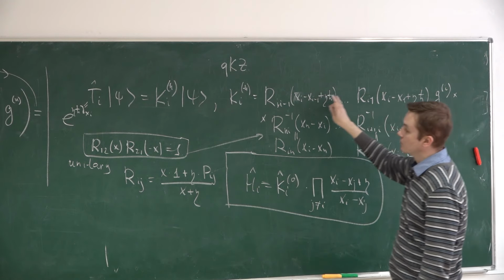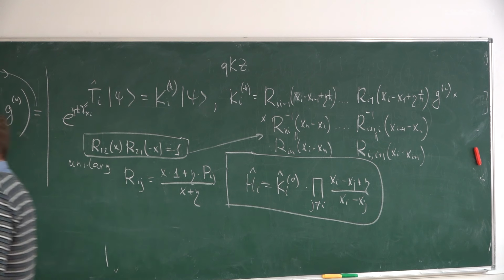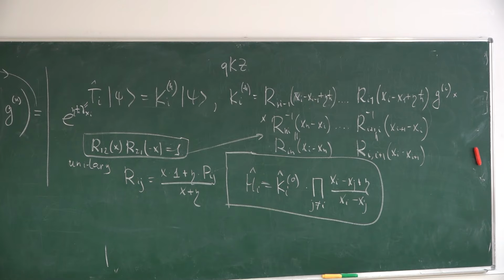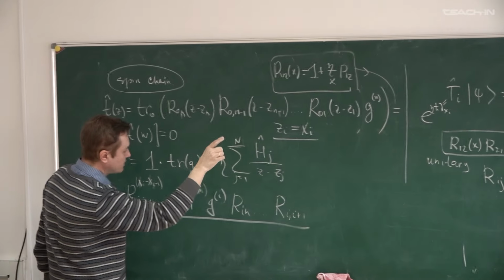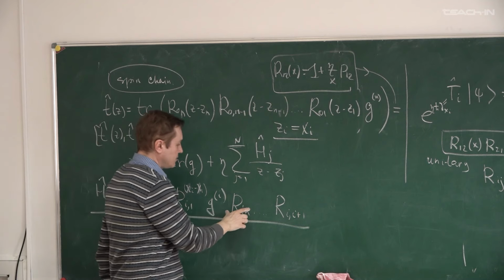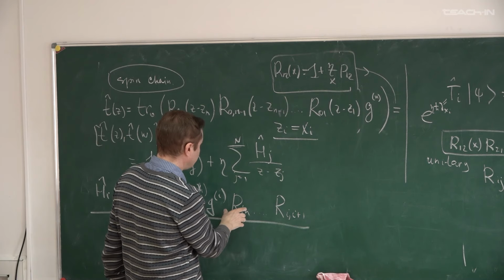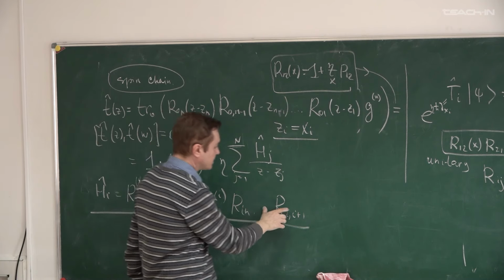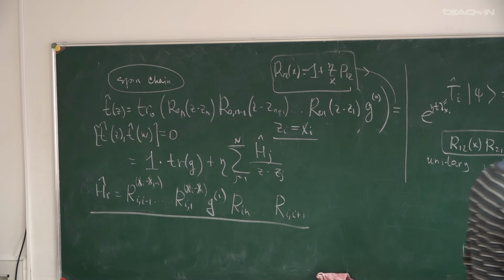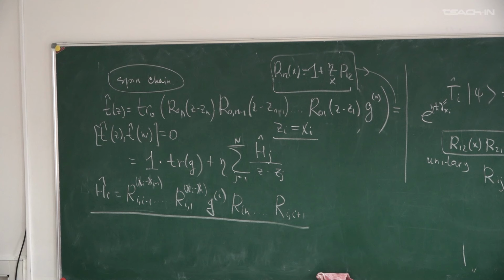And we have a product of R matrices exactly the same as we have here. Then we have a twist matrix, and we also have this twist matrix over there. But we also have a product of R matrices here, and we have a product of inverse R matrices here.